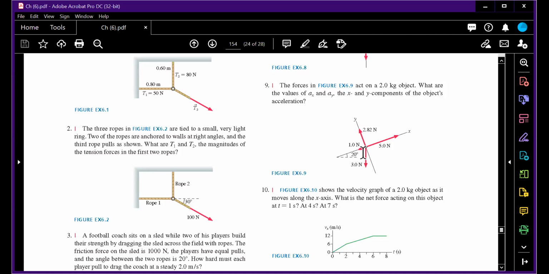So this one, the work is already half done for us. We've already identified all the forces, and now we just have to sum them directly along the x and y axes that are tilted. So let's remind ourselves of some of these numbers. So 2.82.